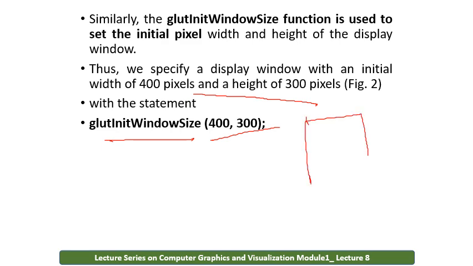So the window we have created to display the output has those dimensions, and according to the pixel size you give, it creates the window.